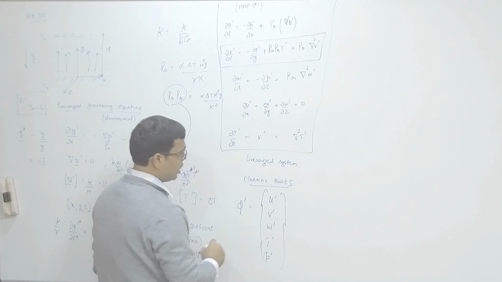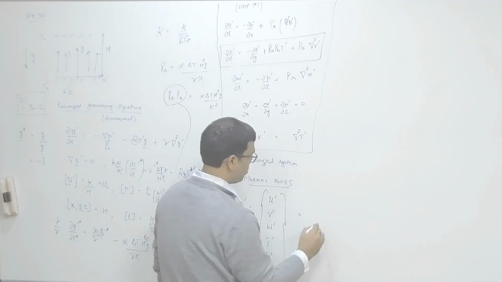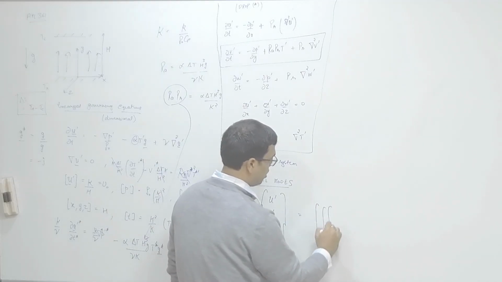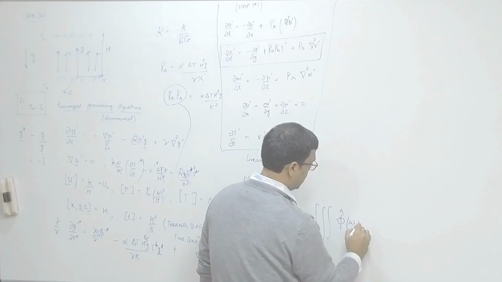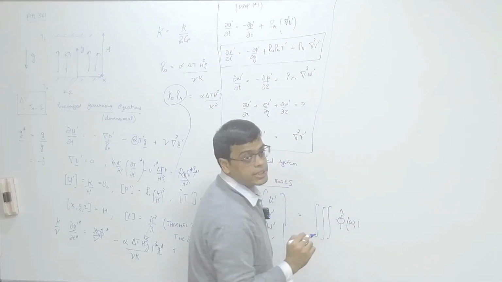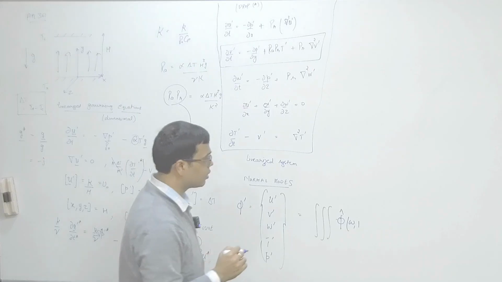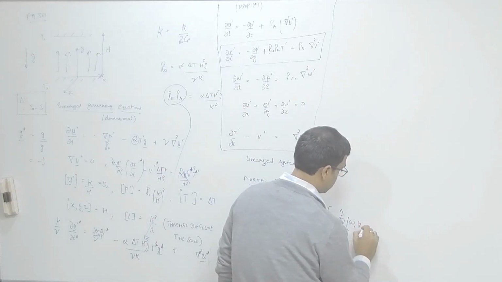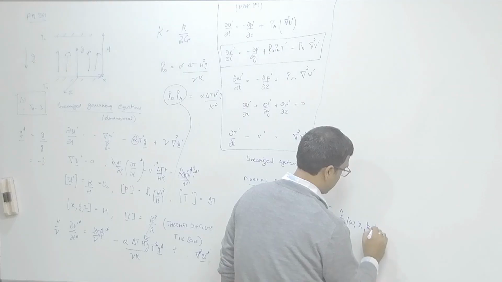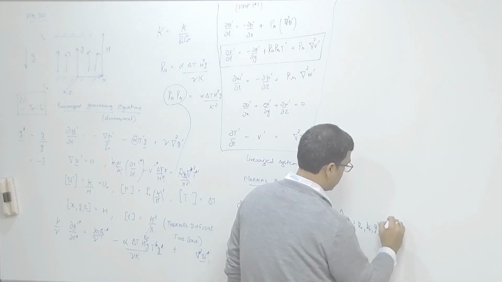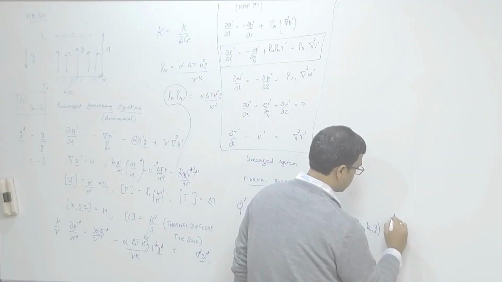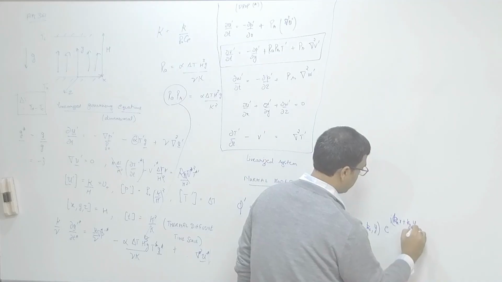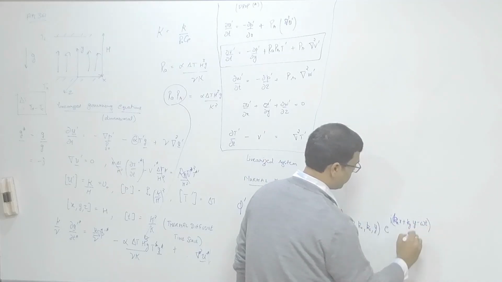P prime is going to be p hat, a function of y. What are the two homogeneous directions? x and z. So e to the power i (kx x plus kz z minus omega t).